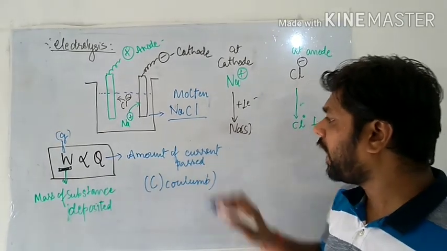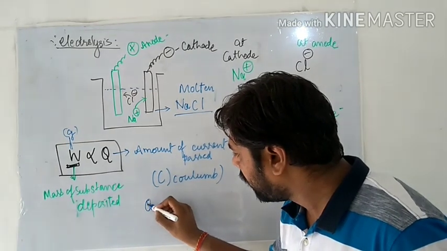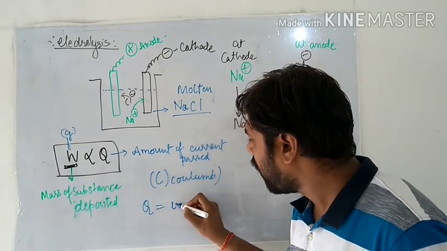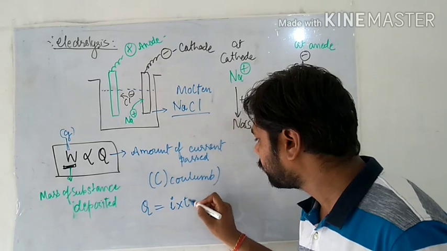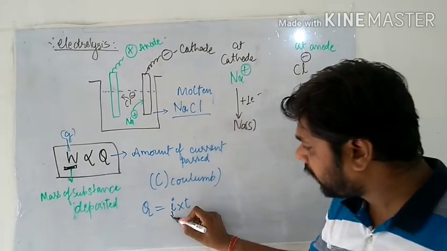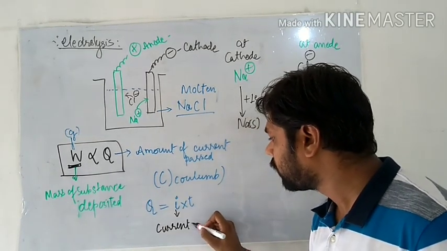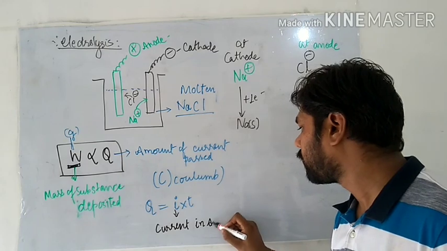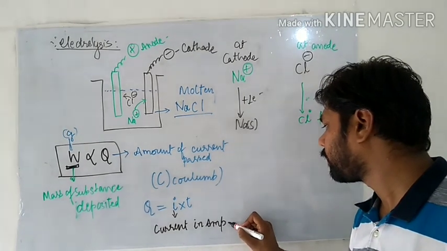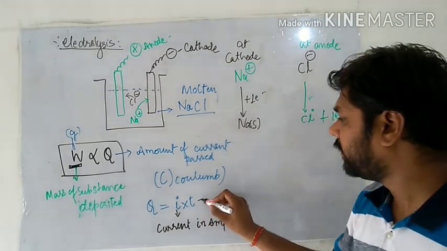How can we calculate the amount of current passed? We have another formula: Q is equal to I into T, where I is the current in ampere and T is time in second.